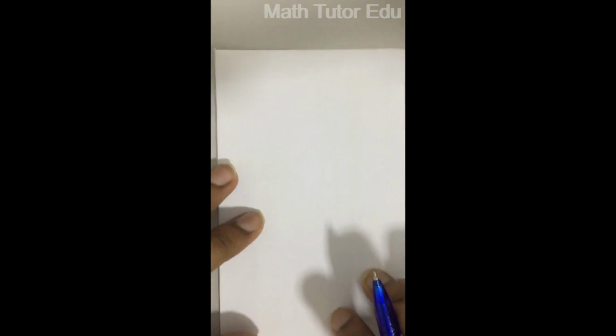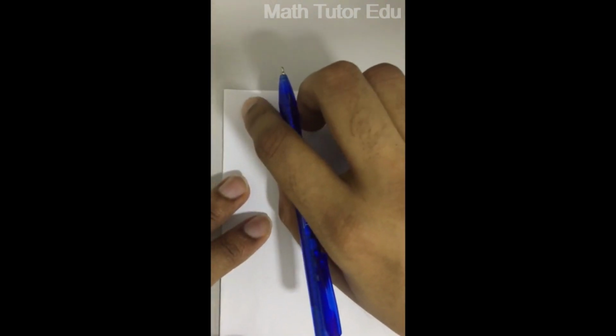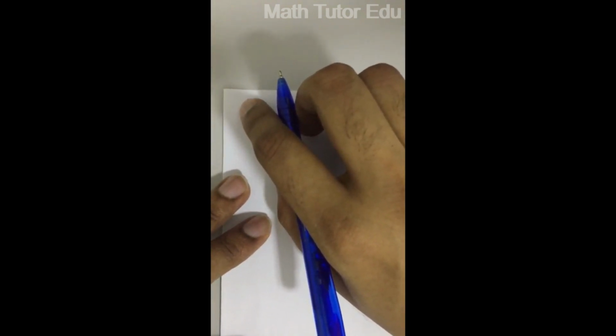Okay, so from here we already find our radius of h, in this case is 5. So from here area of sector is half r square theta.